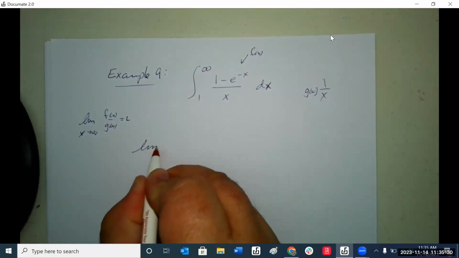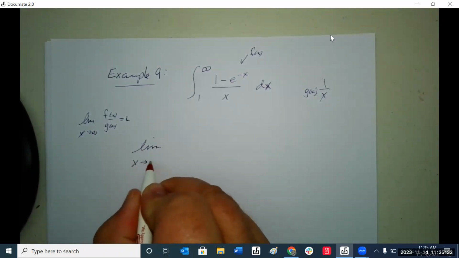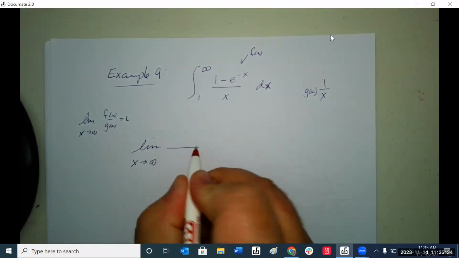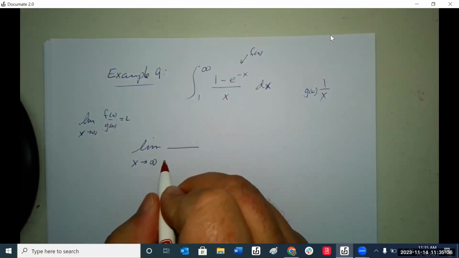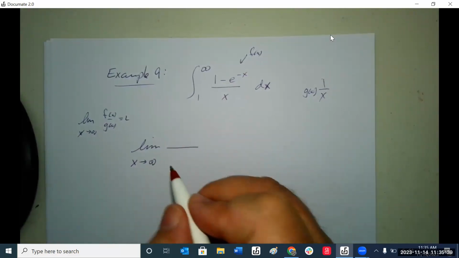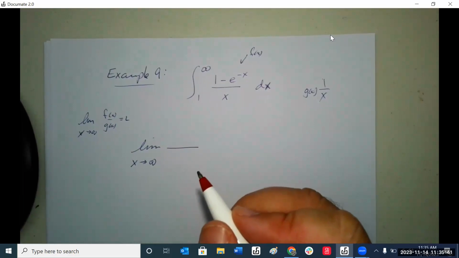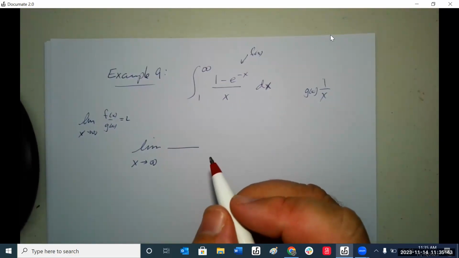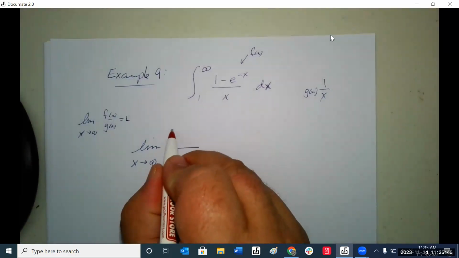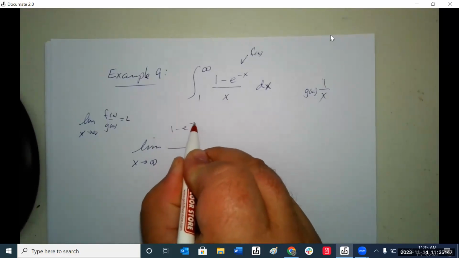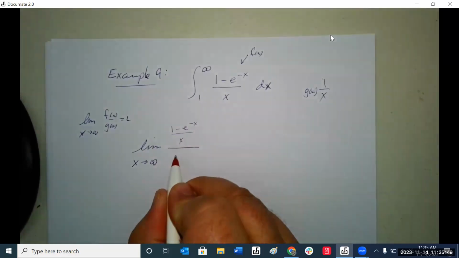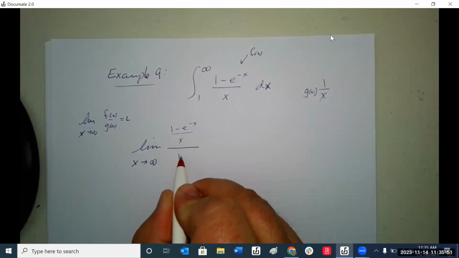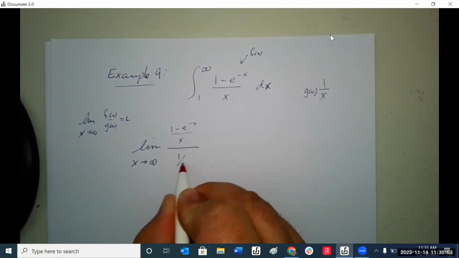So the limit as x approaches infinity of 1 minus e to the negative x over x, over 1 over x.